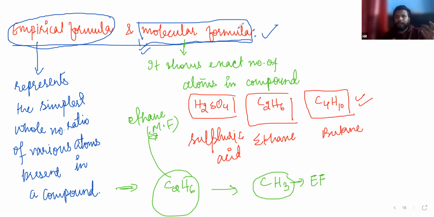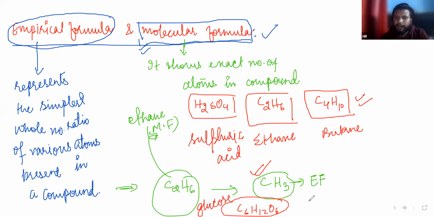If we have any molecular formula, and if we can divide it by any number which can divide all the atoms, not in fraction but in a whole number, then it will be the empirical formula. If we have a formula like C6H12O6, which is the formula of glucose, and you divide it by 6, then you will get CH2O.